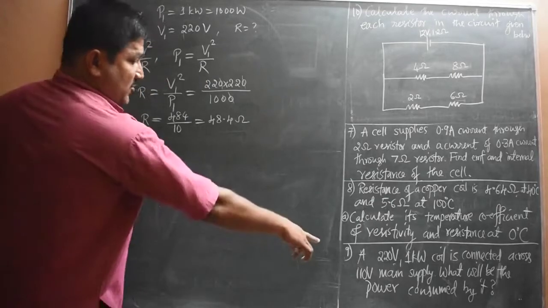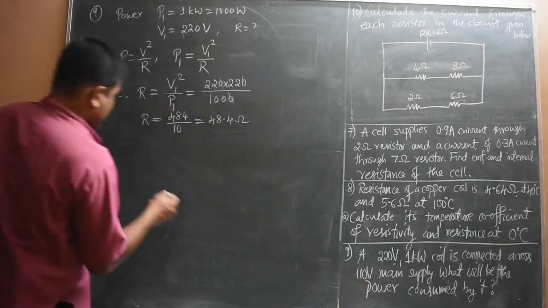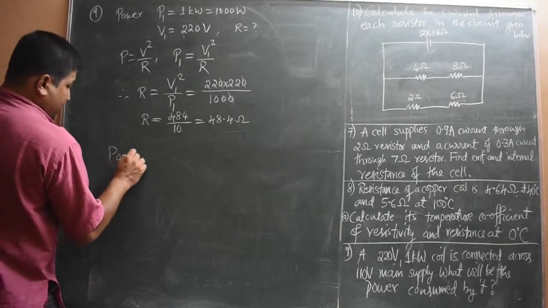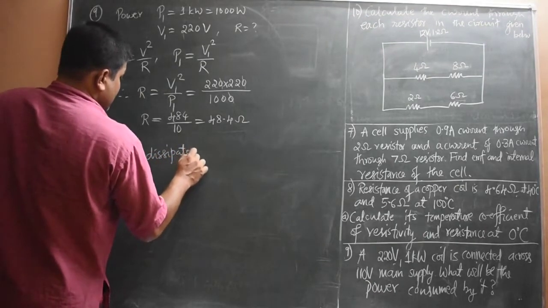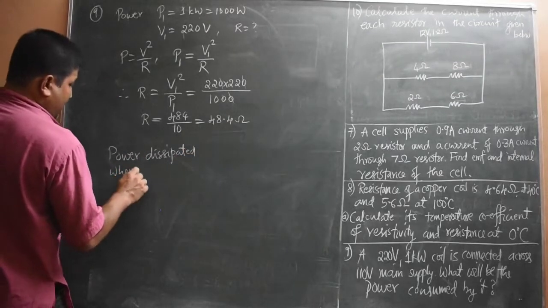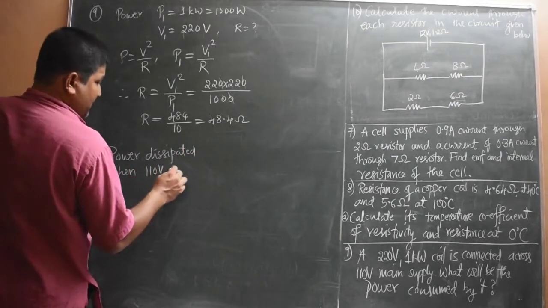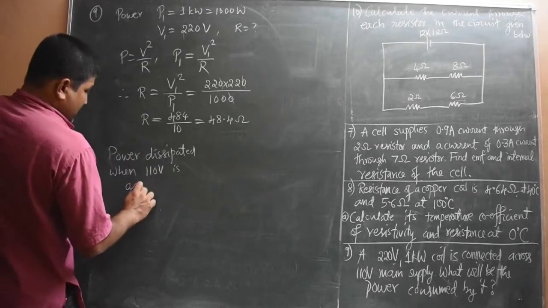Now in the second case, the voltage is 110 volt. So what is the power dissipated when 110 volt is applied to this coil?